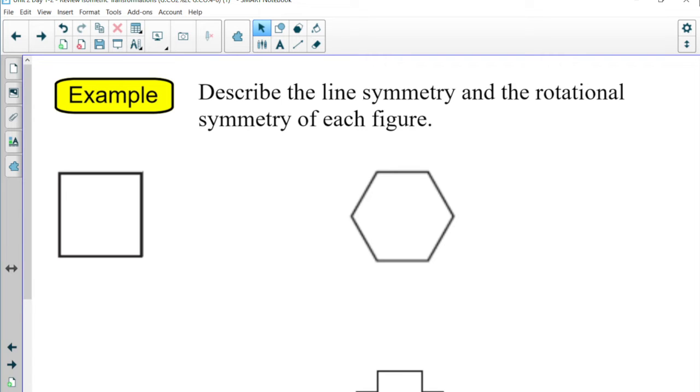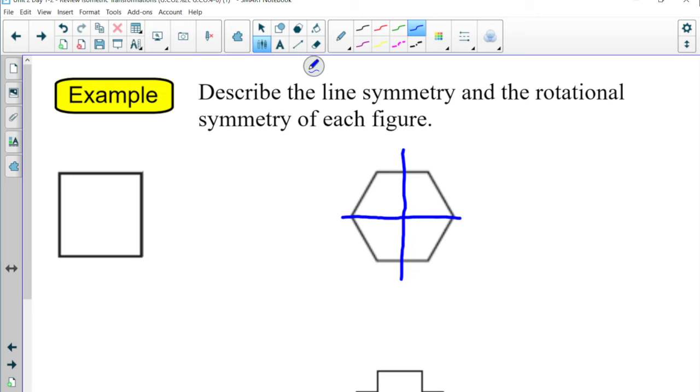So let's go over to this shape over here on the right, which, if you remember your shapes, is called a hexagon. Hexagon because it has 6 sides. So let's take a look. We're going to start by drawing our line symmetries. We've got one here. If we fold it over that line, it's going to look the exact same.